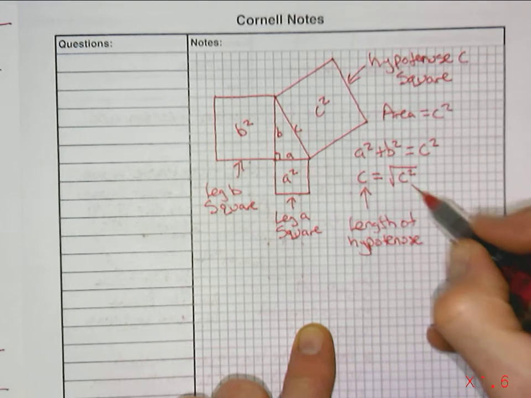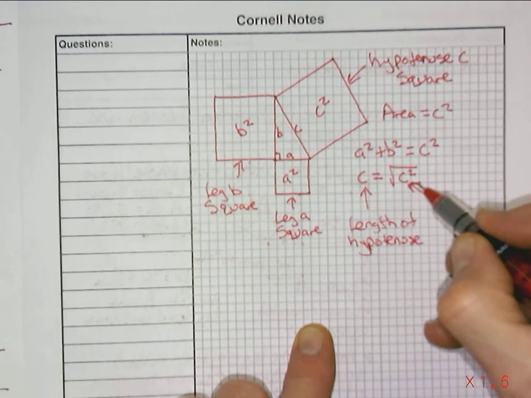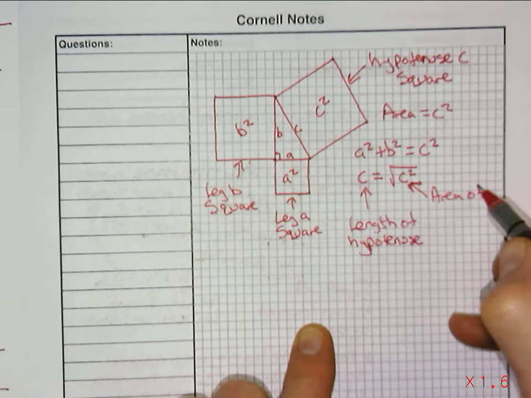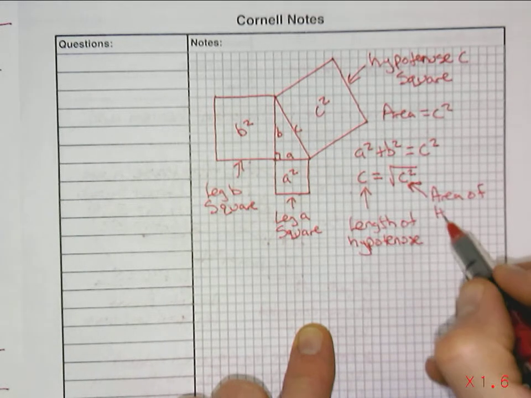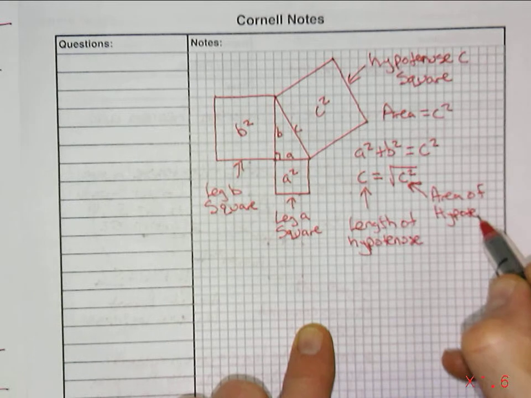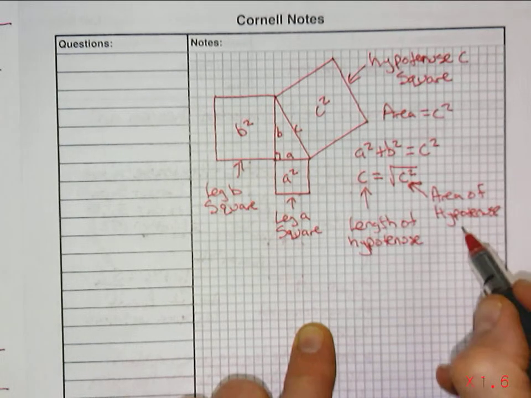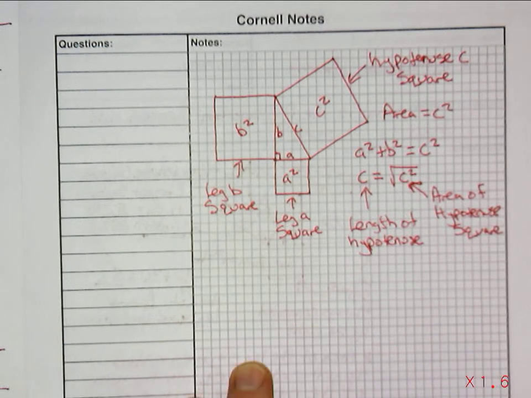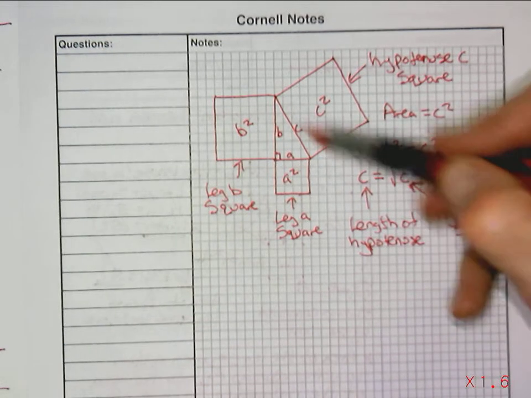And we got it by taking the square root of the area of the hypotenuse square. And this is the real usefulness of the Pythagorean theorem, is to find this length C.